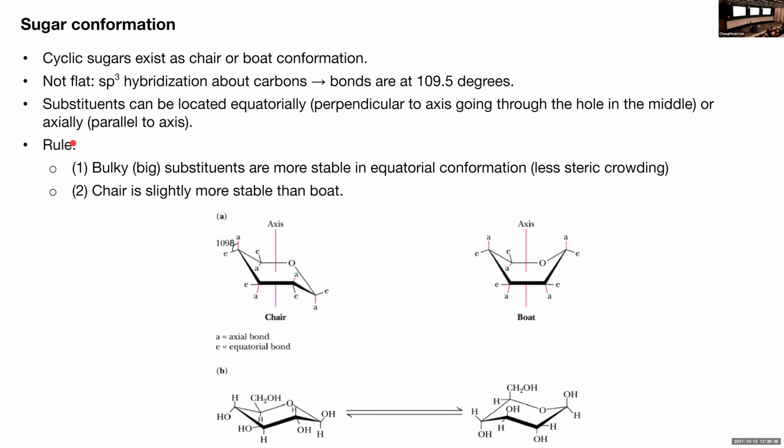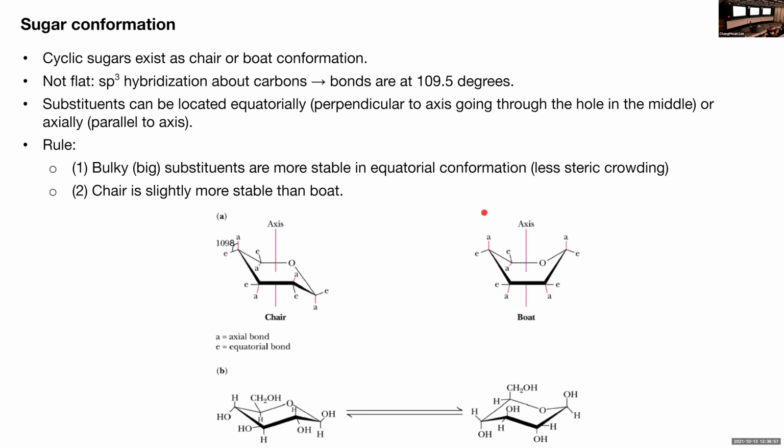But there are two rules here. The first one: bulky substituents, the big ones, are more stable in the equatorial conformation because there is a smaller chance of steric clashes. You can imagine that, right? Because there's an angle here.